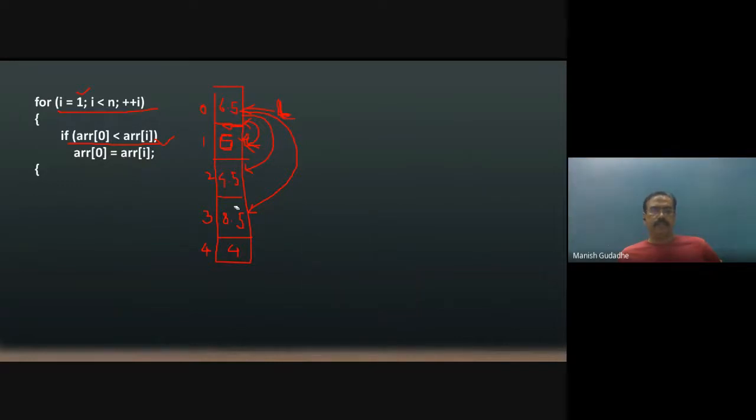exchanging these two values. 6.5 is not the largest now. I found a larger number than that, so 8.5 is the largest one. So I'm just exchanging them. 8.5 will become the largest number, and the largest number we are placing at A of 0. Okay. Now again, in the next step, this number, which is now the changed largest number, is checked with the new number.